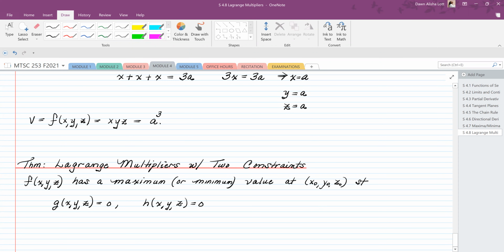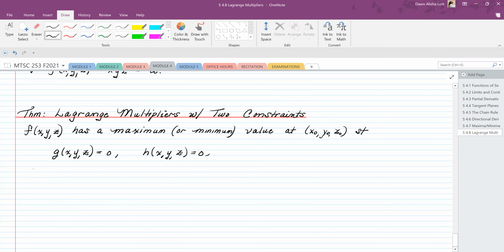Then there exist two constants. This time I'm gonna have a lambda and a mu.